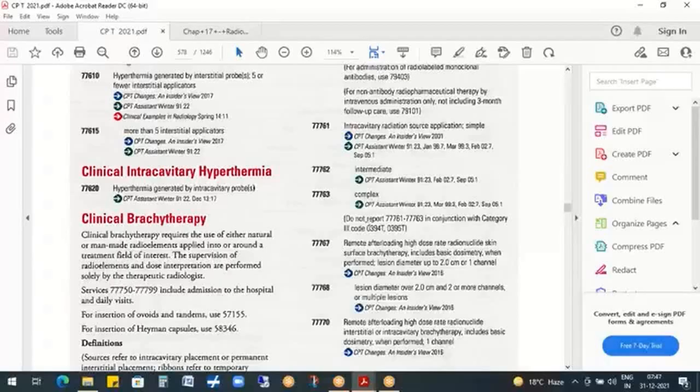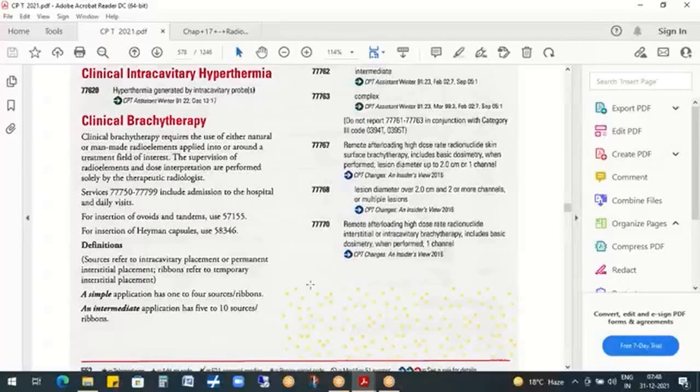If you find remote afterloading, then check for surface, or what is the next term I said? 77770, you can see interstitial or intracavity. These are the two key terms we need to look for when you find the term remote afterloading.